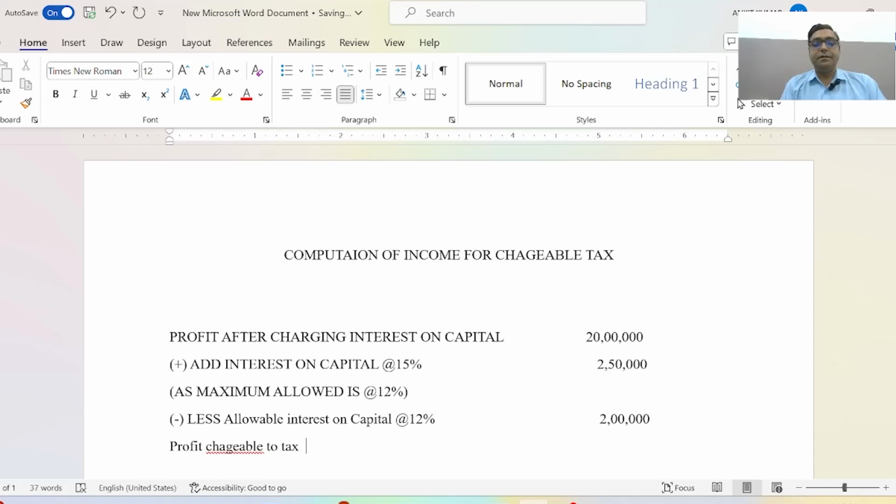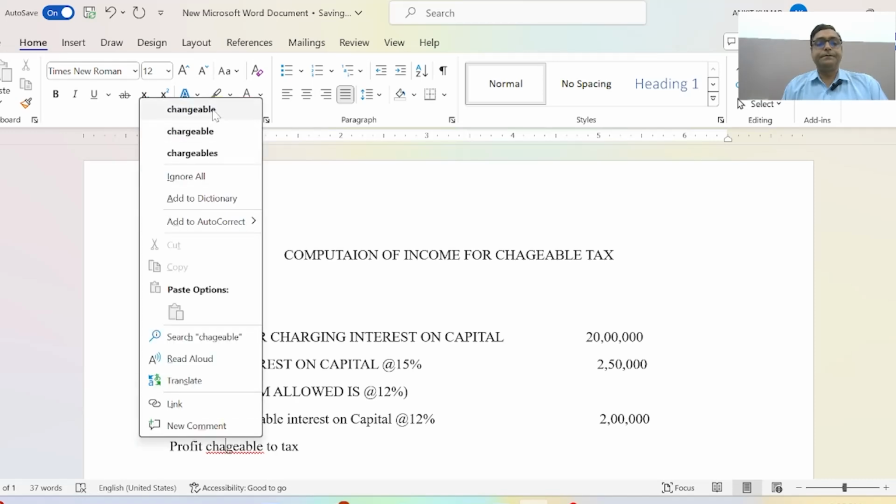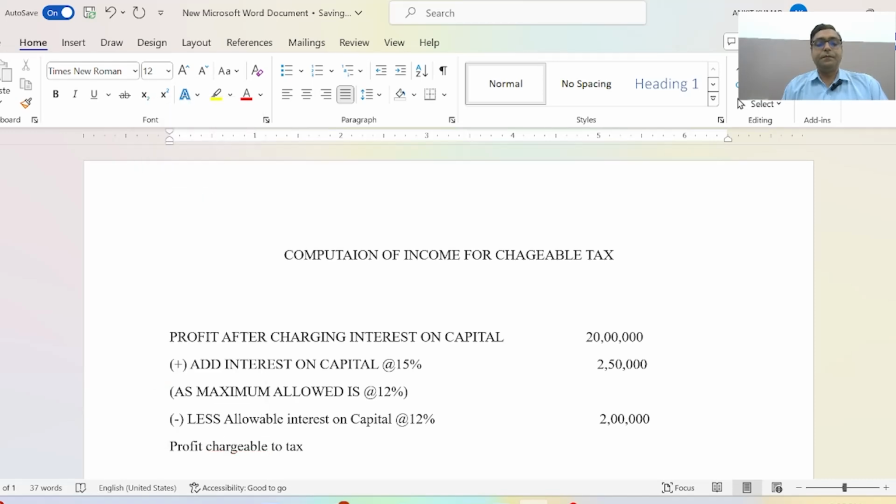It will be 20 lakh plus 50,000, because the interest is 2 lakh 50,000 minus 2 lakh. The remaining amount is 50,000, and profit chargeable to tax is 20 lakh 50,000.